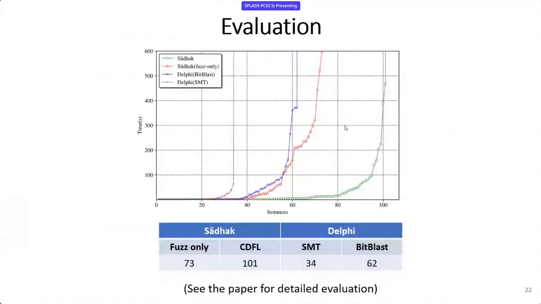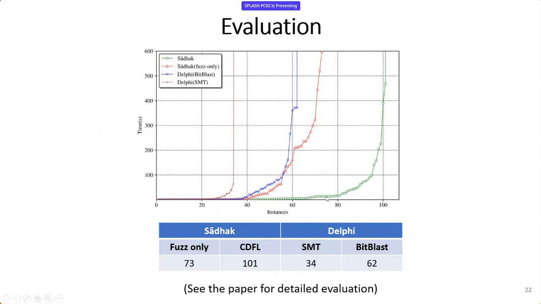So we implemented CDFL and this fuzz only technique into our tool Sādhak. The green cactus plot is the CDFL algorithm, and the red one is the fuzz only technique. And the blue one and the maroon one are the performance of the tool Delphi.